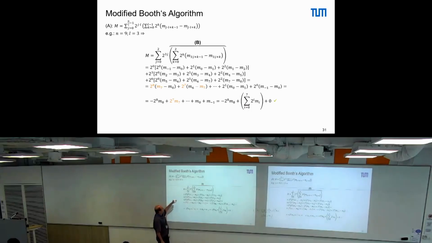What we need to do is multiply now with different powers of 2, and that we compute in a different radix. So before we had an overlap of 1, and we had 2 power of 0, 2 power of 1, 2 power of 2, 2 power of 3. Now we have here in the inner sum 2 power of 0, 2 power of 1, 2 power of 2.